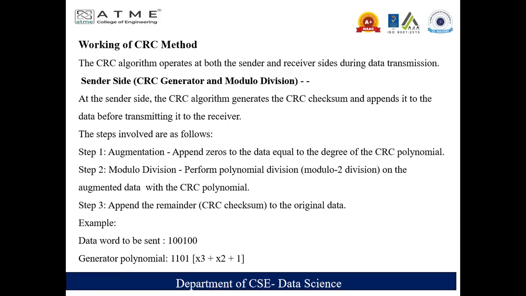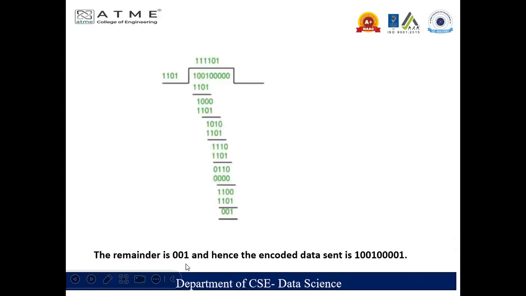Here, for example, the word we want to send is 100100 and the polynomial is 1101. Now we are going to divide the data, and this is the remainder we get. Here you can see there are 4 bits in the polynomial, so we are going to add 3 extra zeros to the data and perform the division.